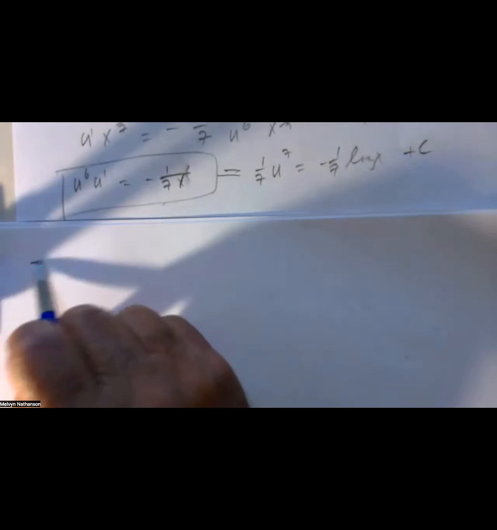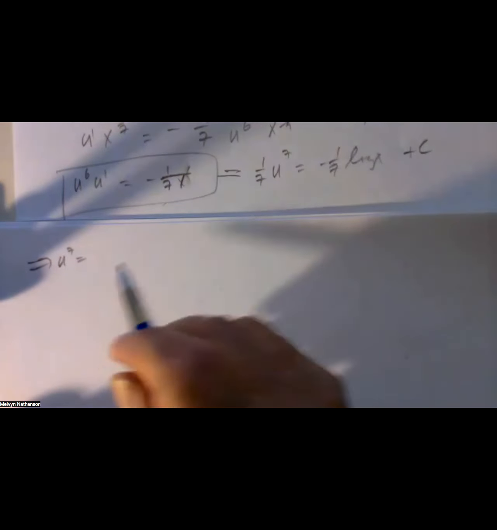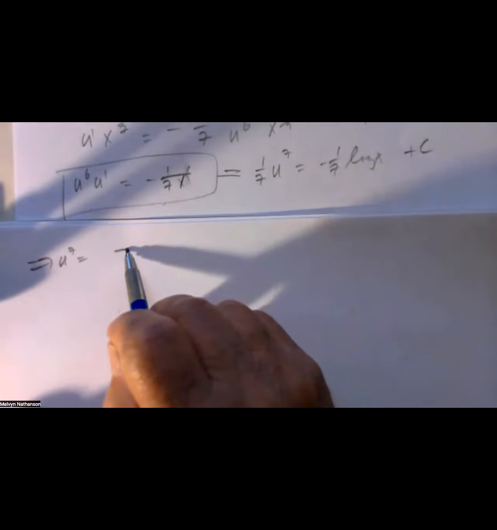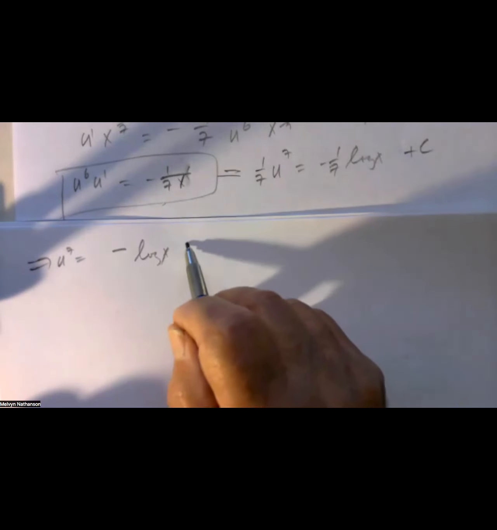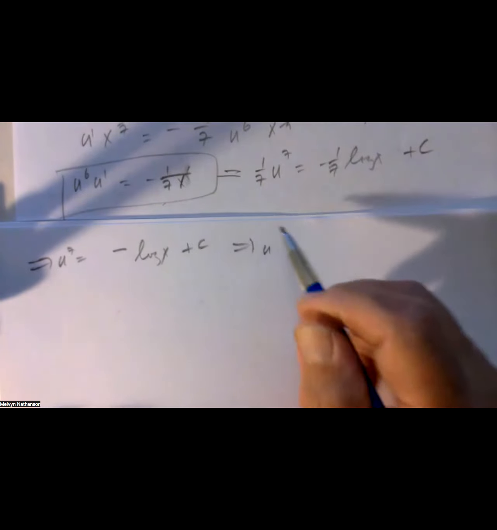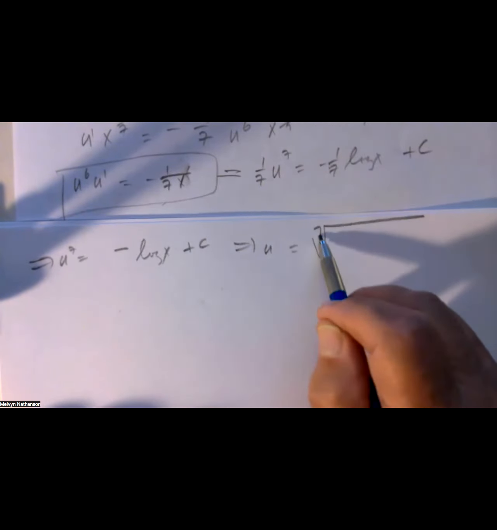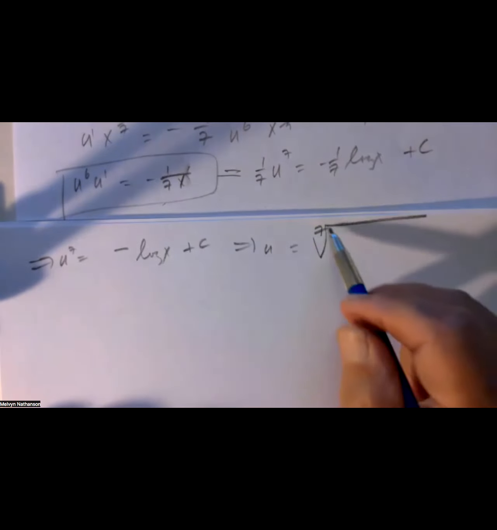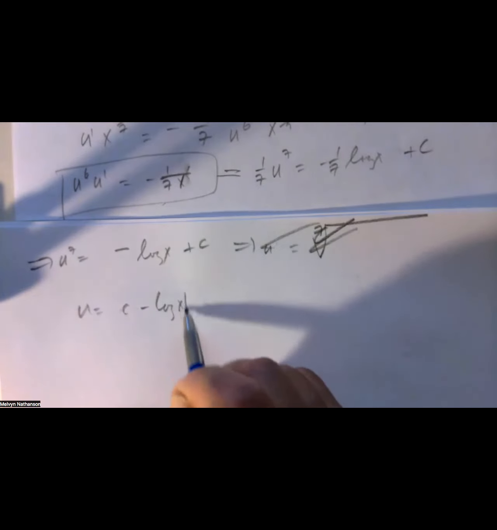So u to the 7th, just multiply by 7, is minus log x plus 7 times a constant, which is just another constant. So u is the 7th root. u is c minus log x to the 1/7.